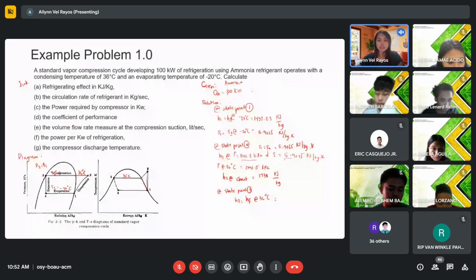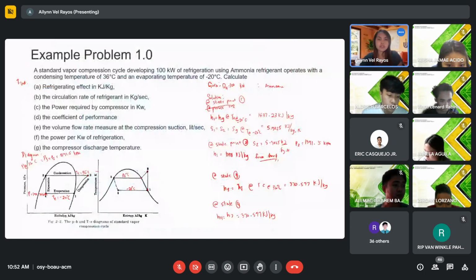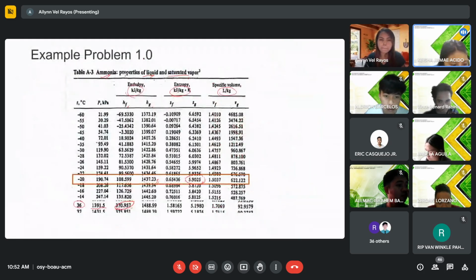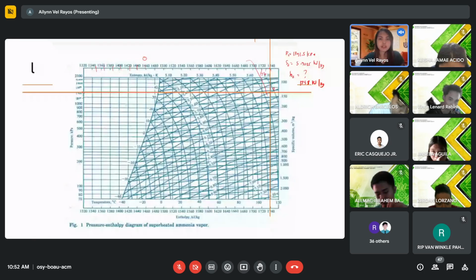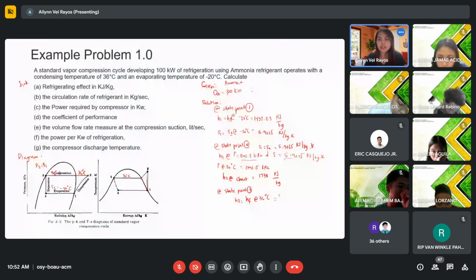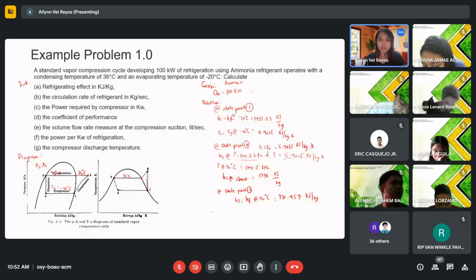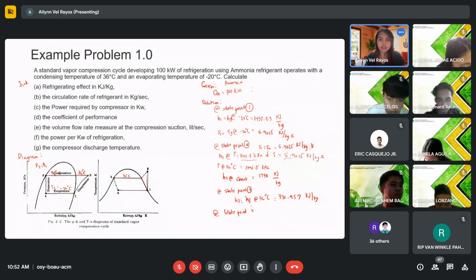So, what is our HF at 36 degrees Celsius? 370.957 kilojoule per kilogram. Okay. So, at state point 4, since isenthalpic process in throttle valve, H3 is equal to H4.